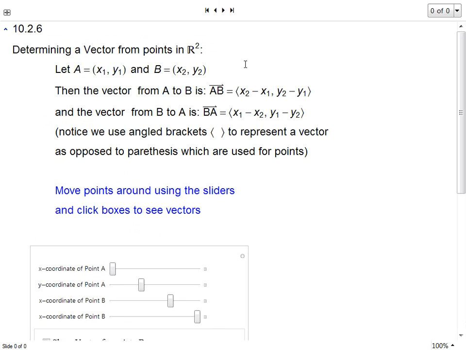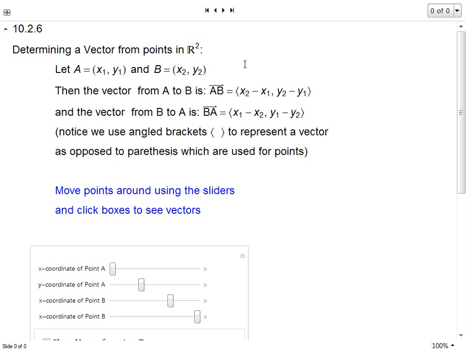Okay, now to create a vector, you can create vectors by just having 2 points. Points and vectors aren't the same thing, right? So a vector is created by having 2 points. So determining a vector from 2 points in R2, in two-dimensional space, we say let A equal, what's x1, y1? What is that geometrically?